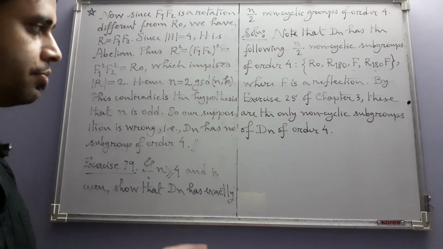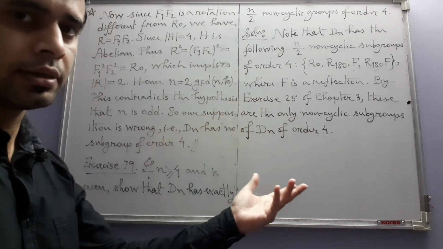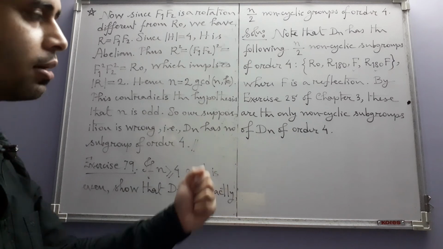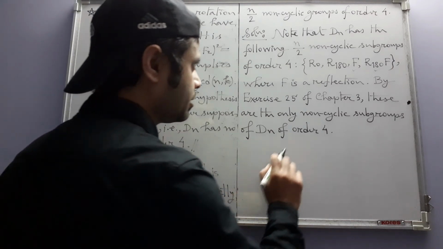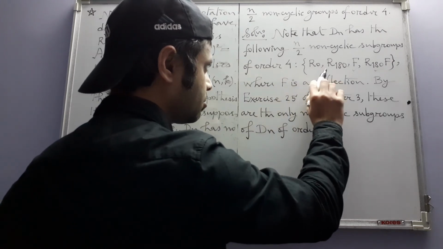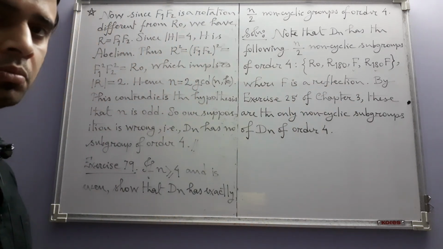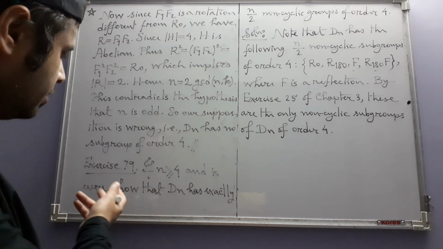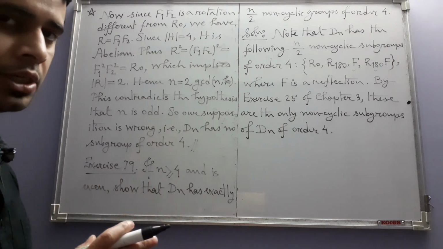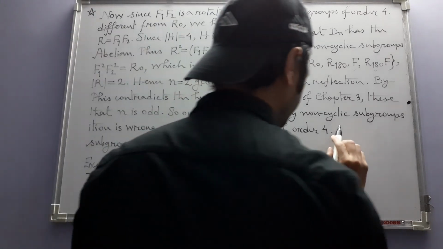Exactly how we are concluding this from this exercise, that I leave to you to figure out. If you want, you can write here within brackets, note that R180 belongs to Dn because n is even. Otherwise R180 is not an element of Dn. We have already seen these things before.